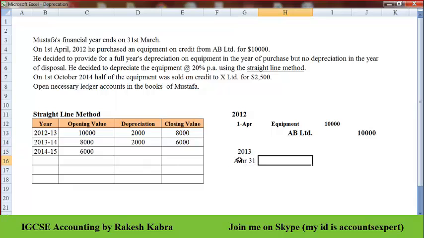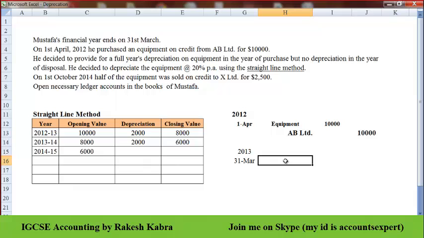So on March 31st, now I will record the depreciation, isn't it? So how much depreciation in the first year? $2,000. So see, this depreciation is what? Loss for me. Yes or not? This depreciation is what? Loss for me.